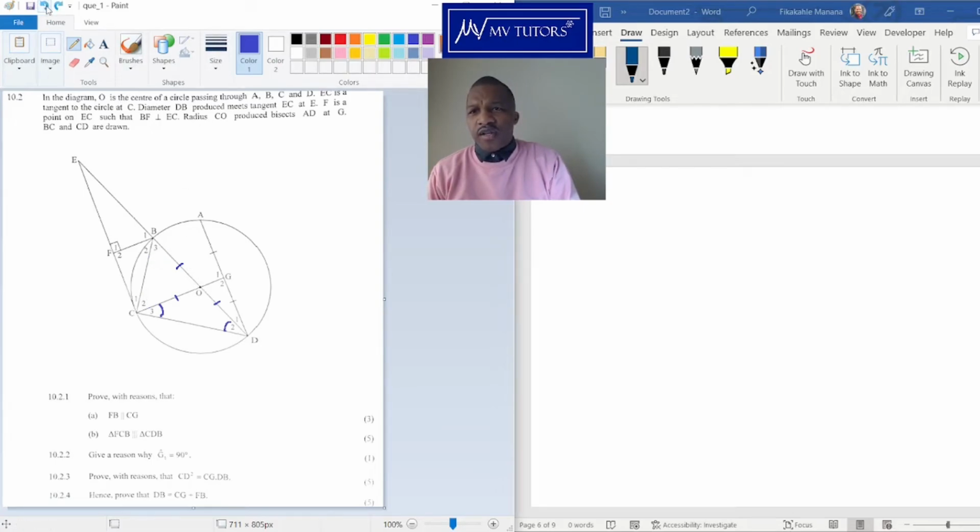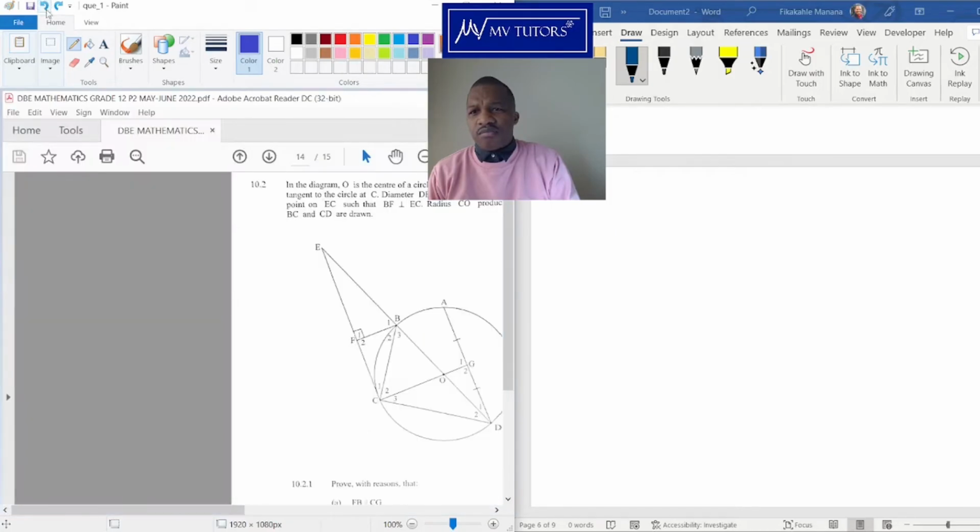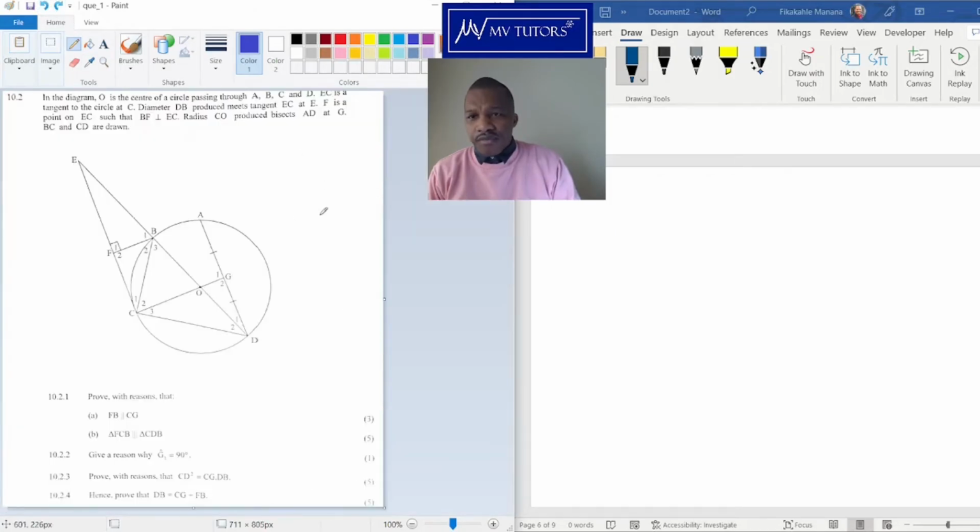And then EC is a tangent to the circle at C, right there. So what does that tell us? The tangent rule, the chord theorem: that angle there would be equal to that angle over there.